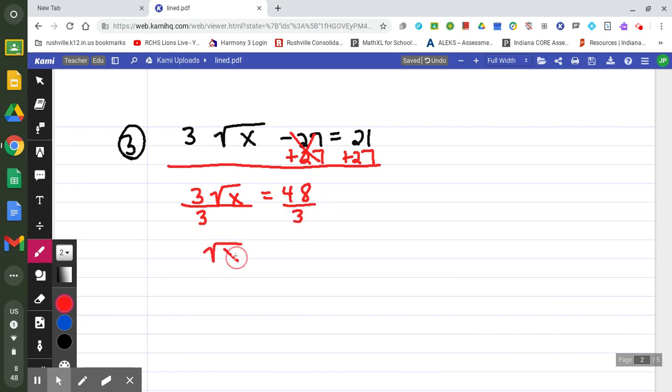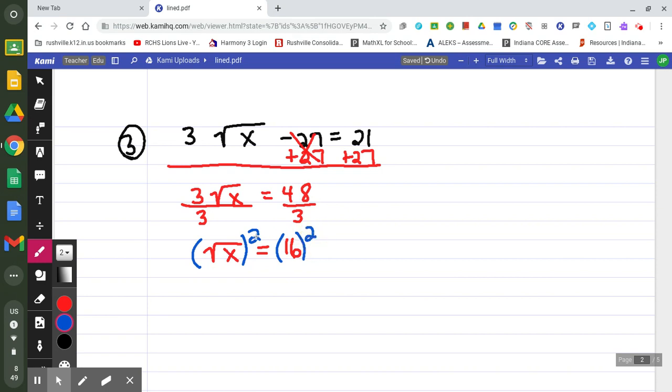So the square root of x equals 16. And now I'm ready, because the radical is isolated. Now I'm going to square it because it is a square root, so I'm going to square both sides.